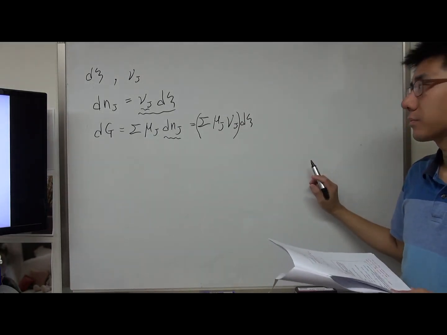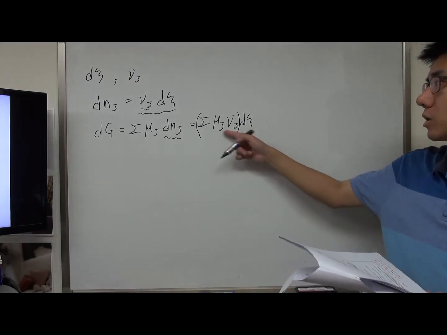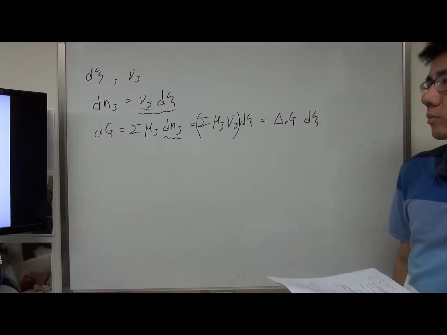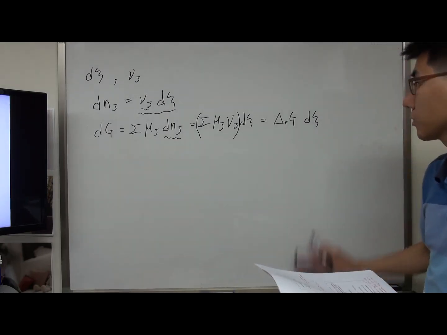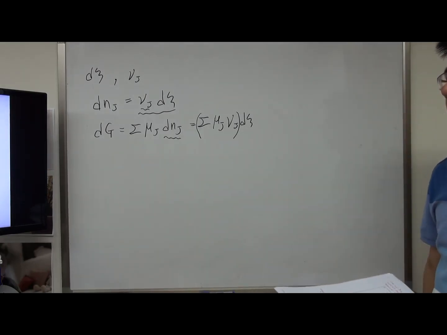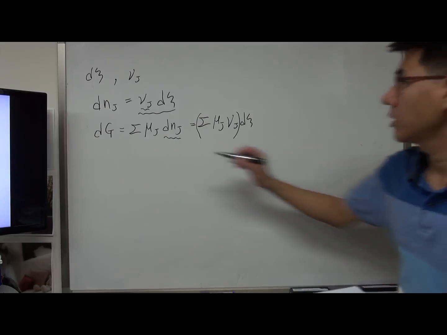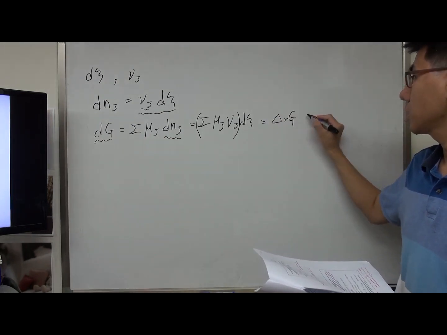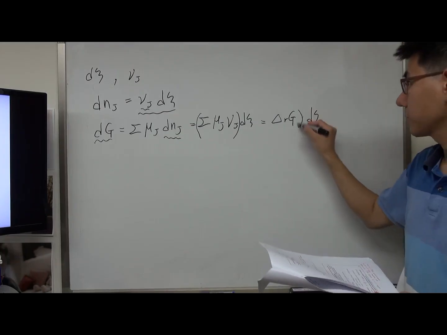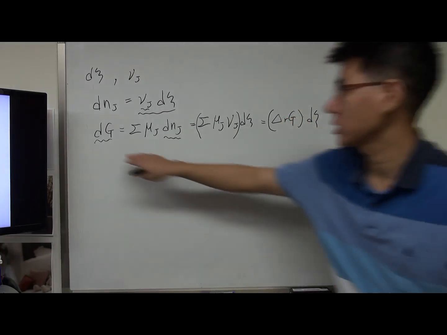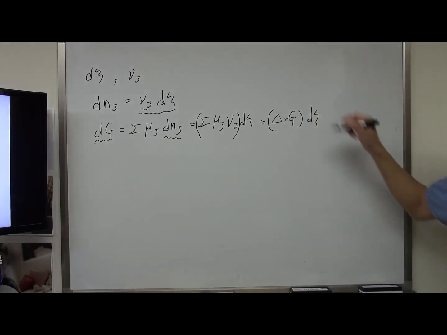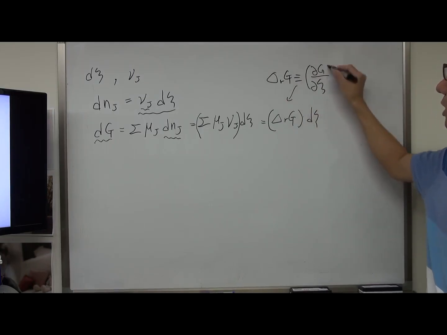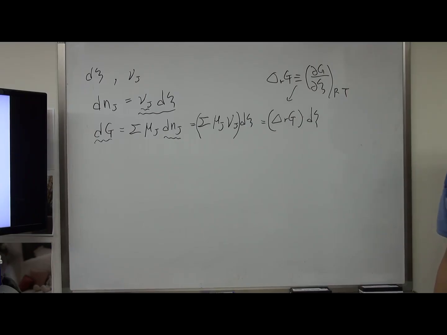Okay, the total Gibbs energy change is defined as the reaction Gibbs energy times d psi, because the reaction Gibbs energy was defined as the derivative of G with respect to psi.